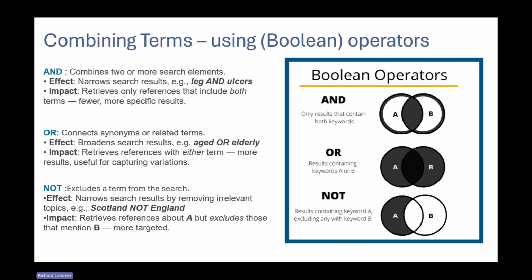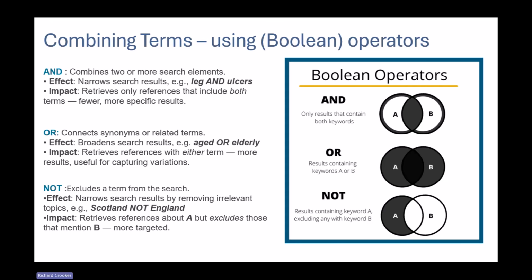So in other words, it only retrieves references that include both terms. So you have fewer, more specific results. Or, on the other hand, connects synonyms or related terms. So if you're doing a search for older people, you used aged or elderly, it finds references with either of those terms being used. So it retrieves references with either term. Again, you generate more results this time. And this is very useful for catching variations. Again, you can use children, pediatrics, for example.